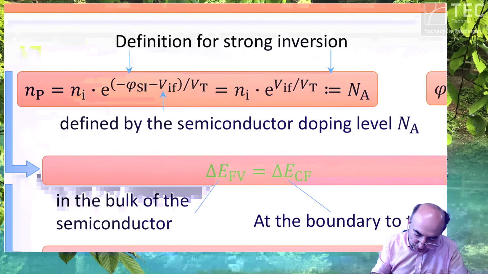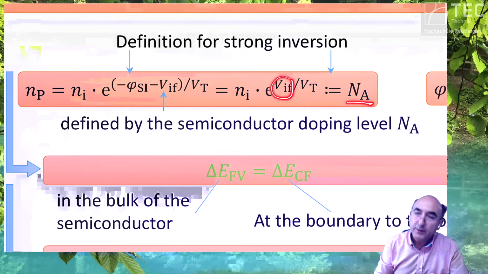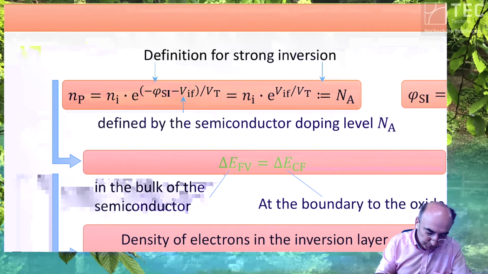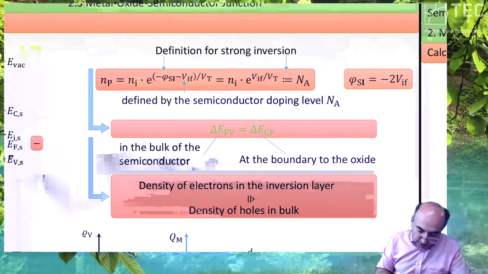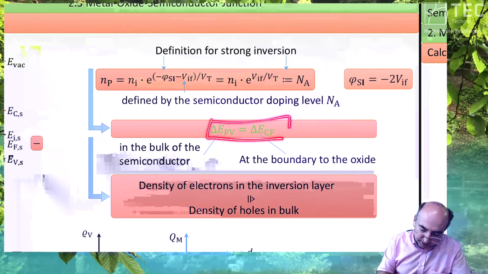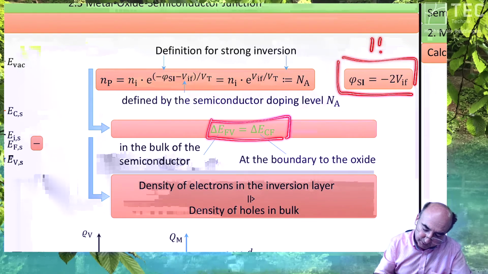If we have a p doping, we have this equation. Now we have with 2 times doping the same value for the electrons. Okay. And this happens because these distances are equal. And this equation is a definition for strong inversion.